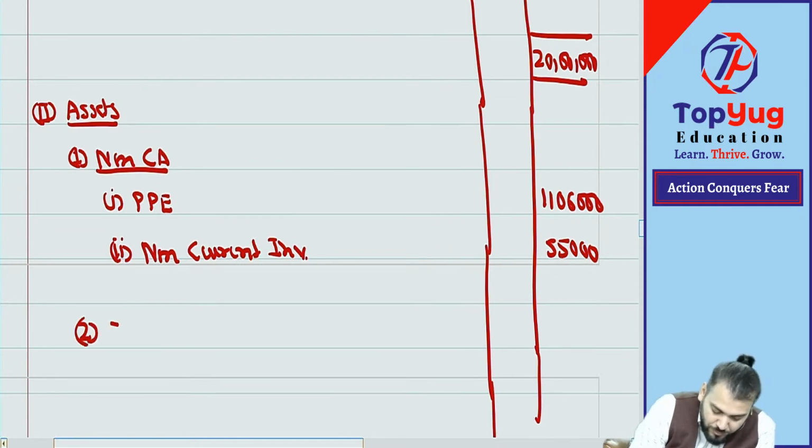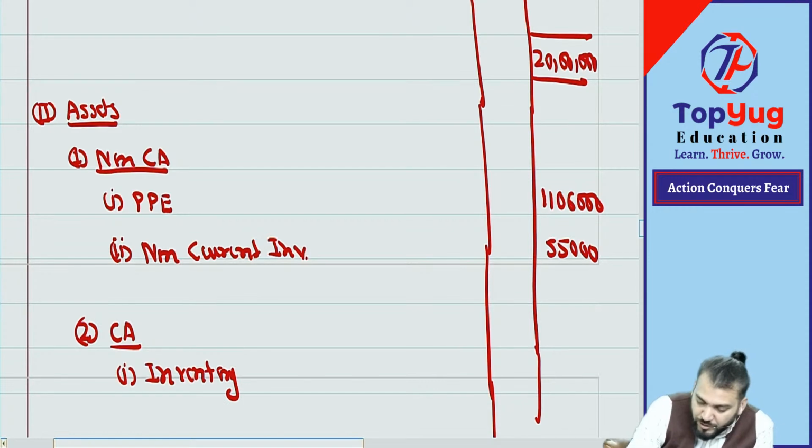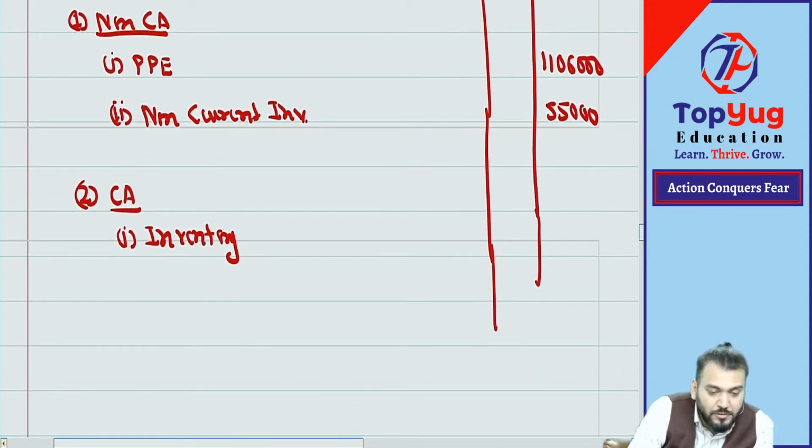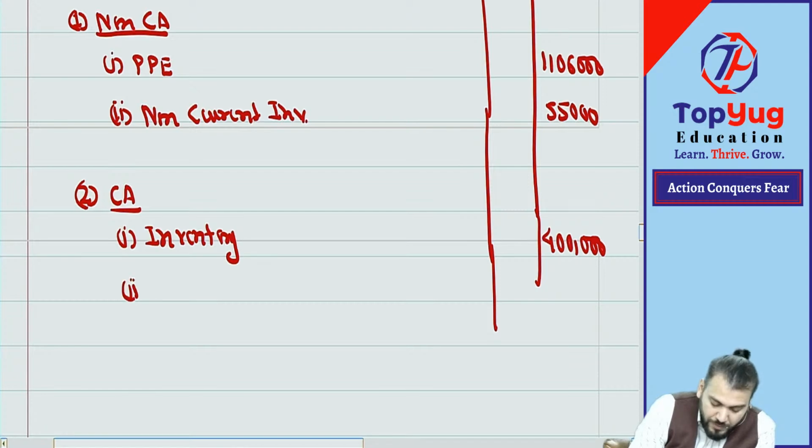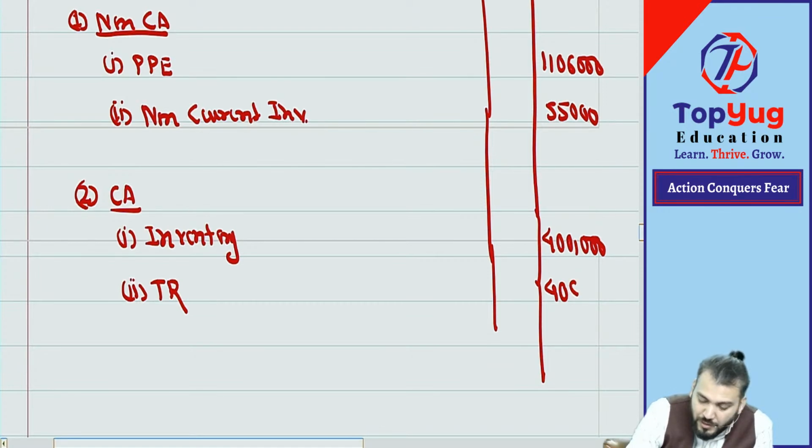Then coming to current asset. Point number two, current asset. First we write down what? Inventory. Inventory no change. How much is the unchanged amount? 4 lakh. Inventory becomes 4 lakh. Okay, sir. Then we have what? Trade receivable. So trade receivable, how much? Debtors: 4 lakh 39,000 minus what? So 4 lakh 9,000.